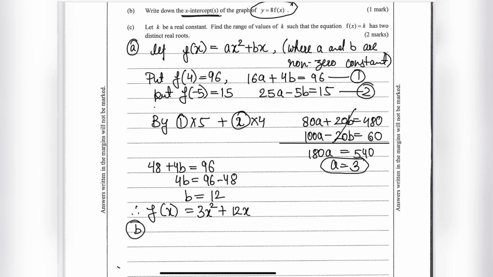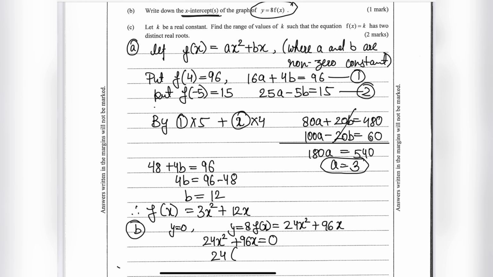The x-intercept means when it's cutting the x-axis, y will be 0. For now y is equal to 8 times f(x), which is 8 times 3x squared, so it's 24x squared plus 96x. We put y equal to 0 here, so 24x squared plus 96x is equal to 0.